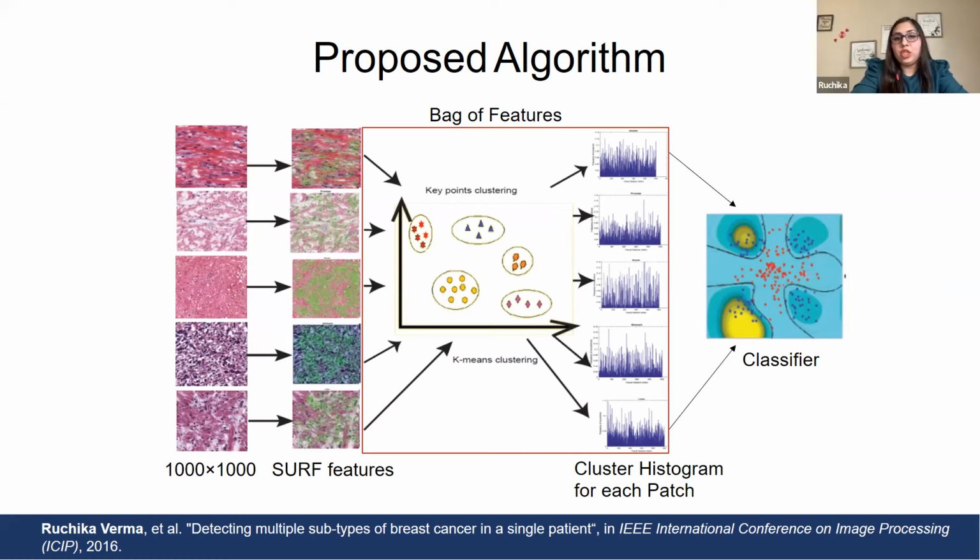This is a bag of features approach which uses k-means clustering in between. Once you have features, it bins your features. Let's say you want to create a histogram of 1000 dimensions, it will bin your features depending upon which feature lies in which k class, and it will keep on counting and create a histogram out of it.